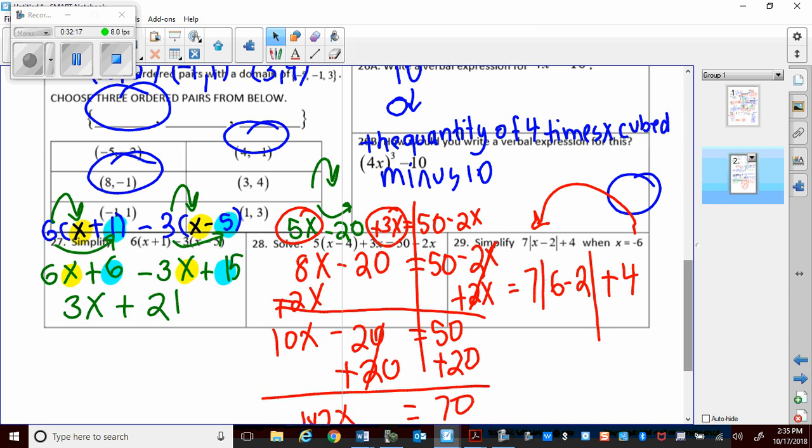You have 3 activities that I need you to do before October 21st. These are the activities. Properties, equations, or one-step and two-step equations, and distributive practice.